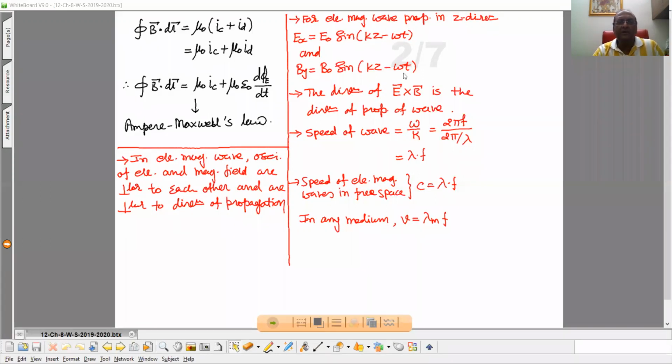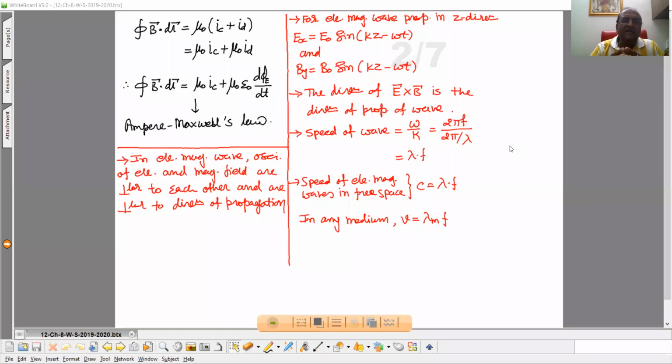After Hertz, scientist Jagdish Chandra Bose produced electromagnetic waves in the laboratory with wavelengths from 5 millimeter to 25 millimeter. Then this electromagnetic wave theory was accepted worldwide because experimental evidence for the presence of electromagnetic waves in nature was obtained.